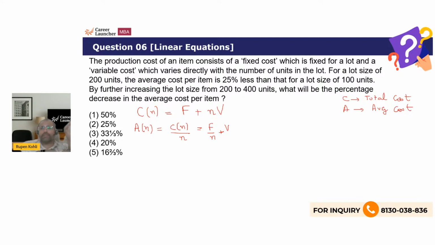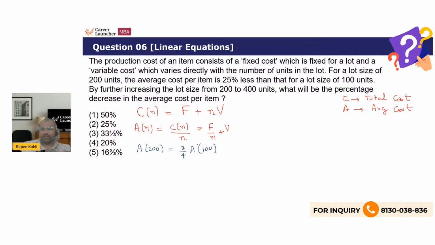So now we are given that for n equal to 200, that average cost is 25% less than that for the lot size of 100 units. Means basically the question is now saying that A of 200, when you put n equal to 200, is 25% less than, so it is 1/4 less, means it is 3/4 of the average cost for 100 units. So average cost when n is 200 is 3/4 of the average cost when n is 100.